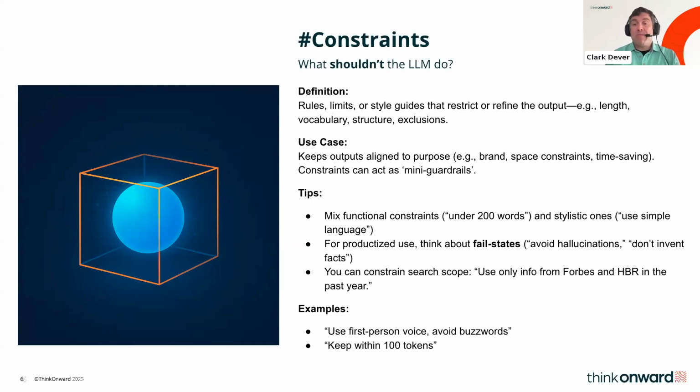The constraints could be respond in JSON, right? And then you're guaranteed to get back, most of the time, a JSON object that is valid. Some of the models, if you're interacting through an API with them, have a parameter that you can set so that it'll only respond in JSON.